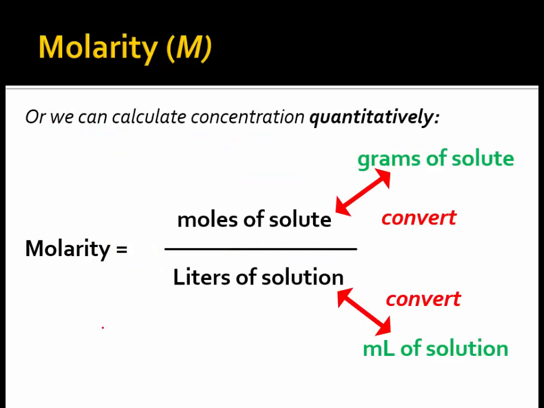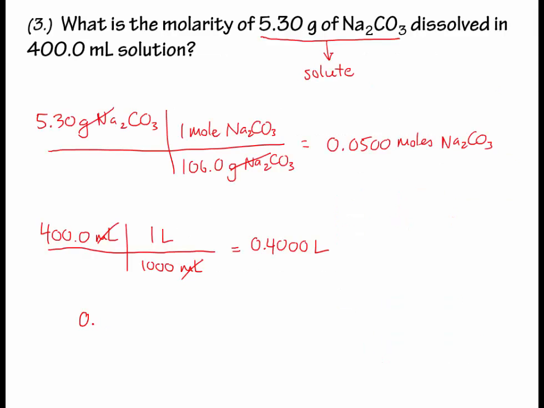So molarity is moles over liters. 0.0500 moles of my solute, in this case sodium carbonate, divided by a volume of 0.4000 liters. And when I divide that out, my calculator should tell me I've got a solution concentration of 0.125 moles per liter.